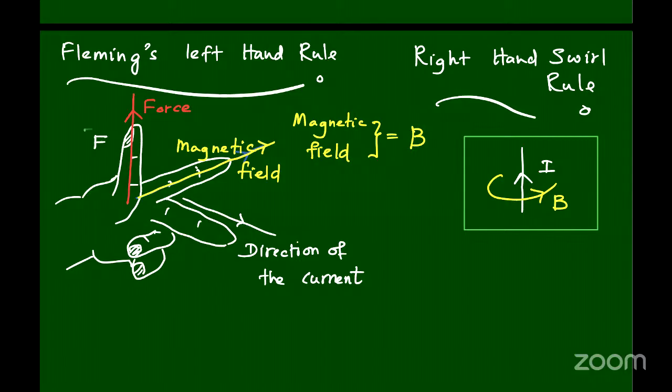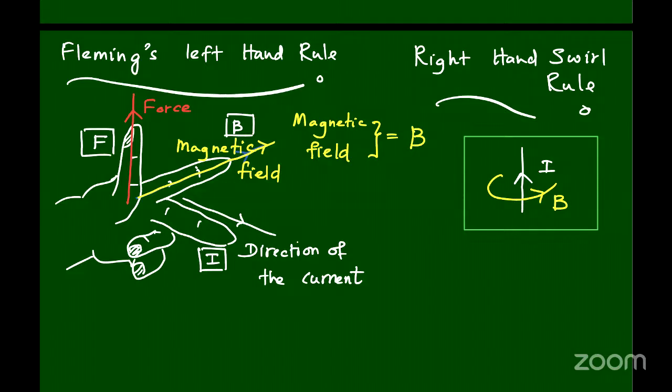Thumb will give you the direction of the force. Index finger will give you the direction of the magnetic field. And middle finger will give you the direction of the current. By using that term, FBI, you can get the idea.